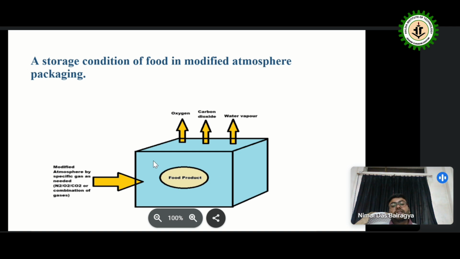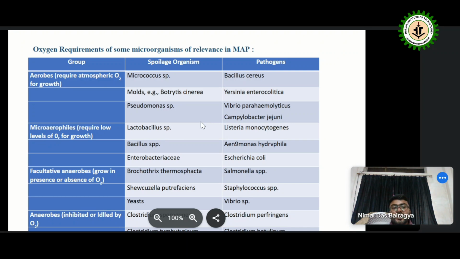So if we modify this combination of gas, nitrogen, oxygen, carbon dioxide, the shelf life will be increased because we decrease the rate of the oxygen atmosphere in the packaged food product, and also the carbon dioxide level will be increased, and that's why the microbial growth also decreases with increasing carbon dioxide, because here no oxygen or minimum oxygen is present. So this is the ideal type of modified atmosphere package.